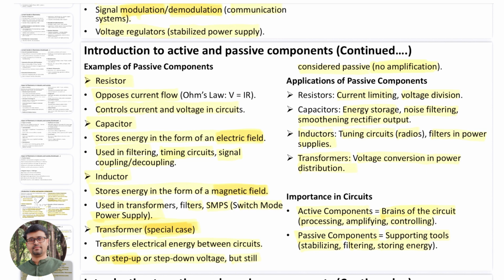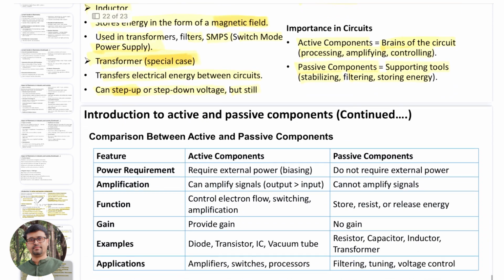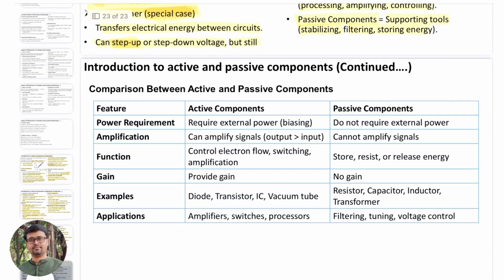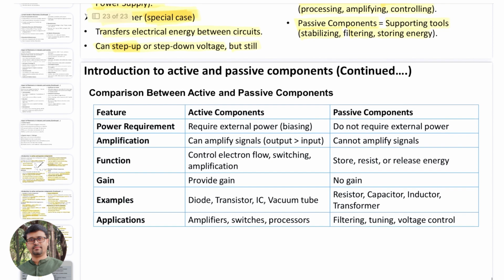We have learned the active and the passive components. Now we'll see the difference between them by considering different features. First feature is power requirement. Active components require external power, but passive components do not.